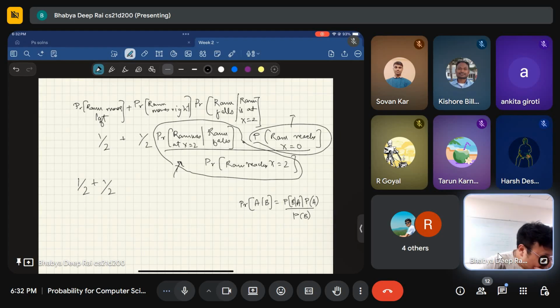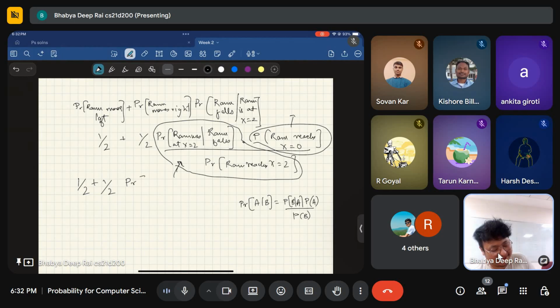Okay. I think I get what you mean. So these two events need to be independent in order to do that. What you mean is probability that Ramu at x equals 2 times probability of Ramu x equals 0 divided by x equals 0.